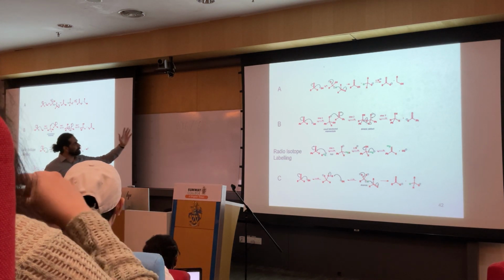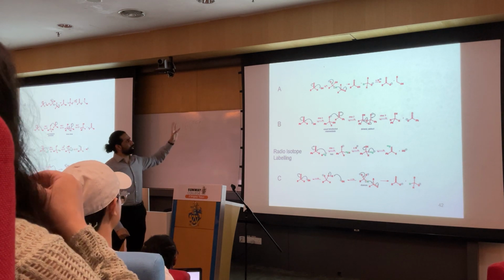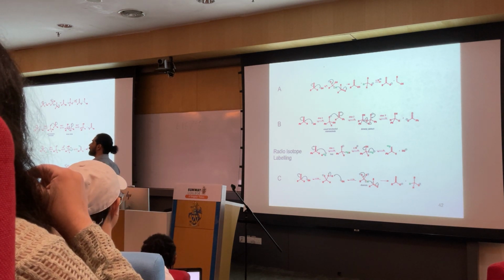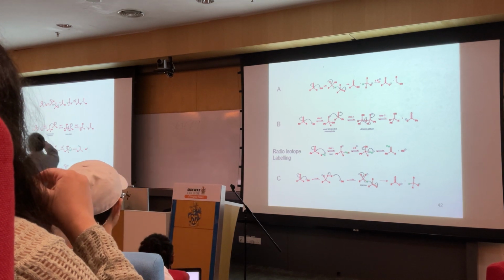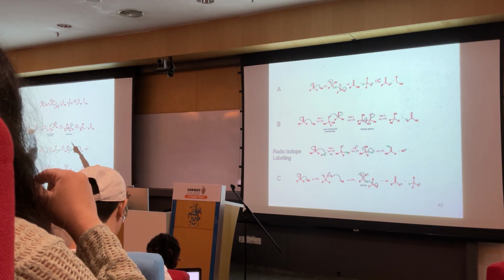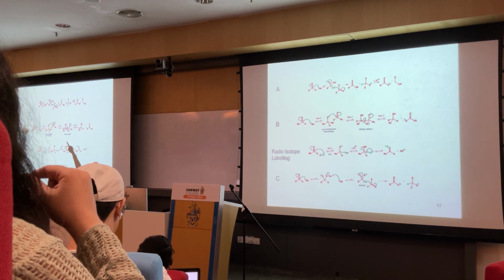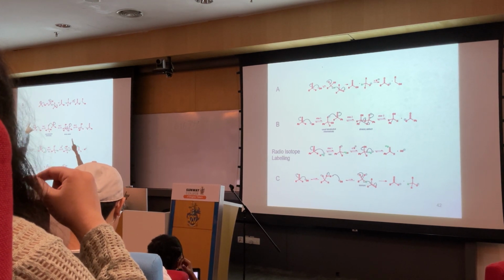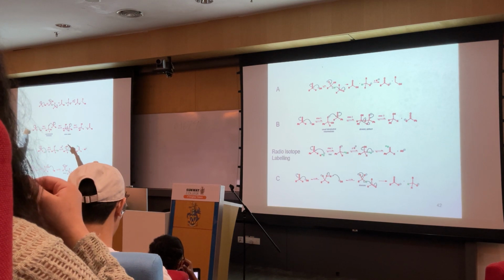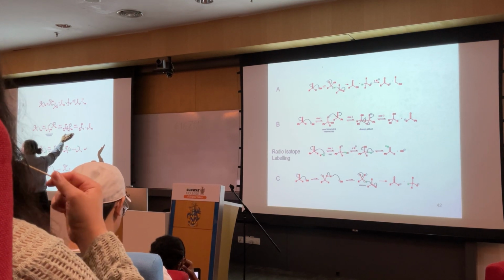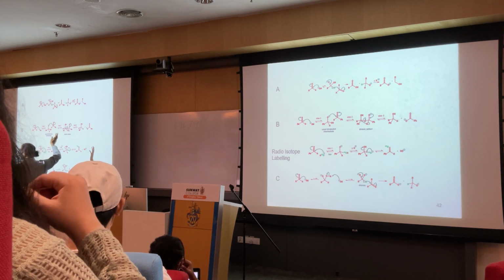And you can note down that all mechanisms are very, very logical. There is nothing wrong with any one of them. See, in mechanism A, the base is attacking the electrophile perfectly well. O is getting a negative charge, then the negative charge comes back to the oxygen, and hydrogen shifts to the next molecule.